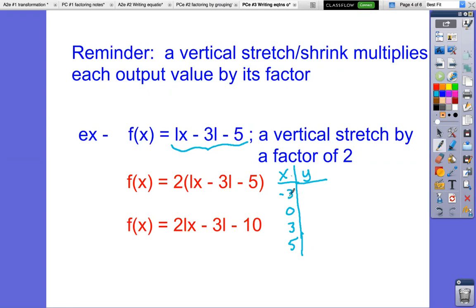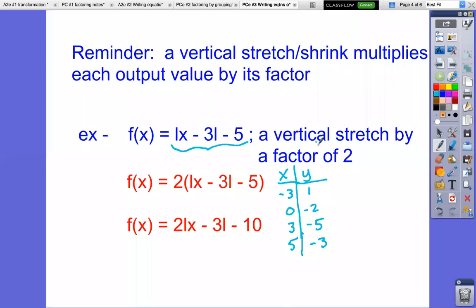So when x is -3, I get -3 minus 3, which is -6. Absolute value is 6, minus 5 is 1. If x is 0, I get 3 minus 5, it's -2. Oh, I'm sorry. If I've got 3, it's 0, it's -5. And if I've got 5, it is -3.